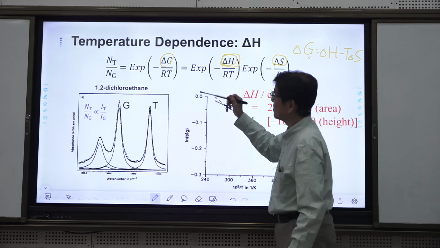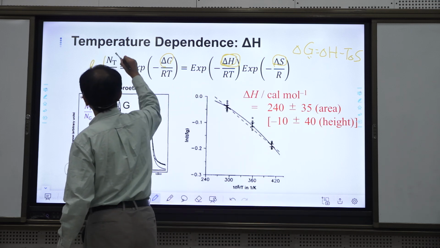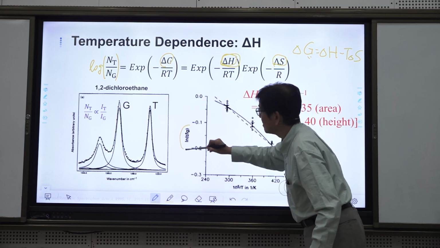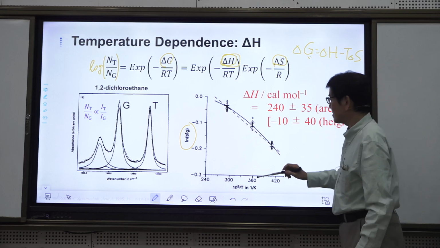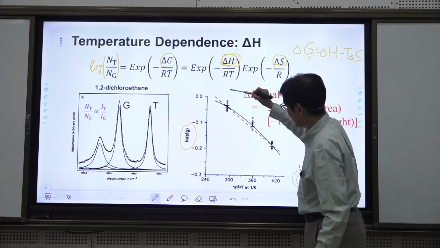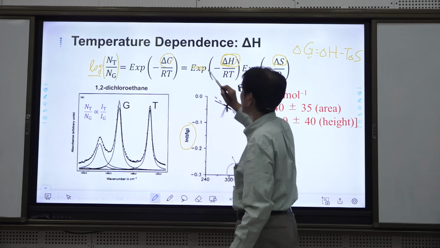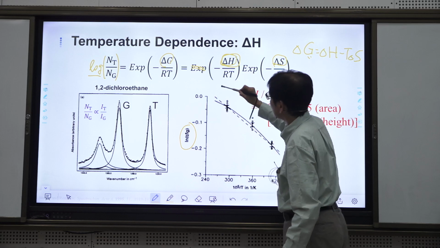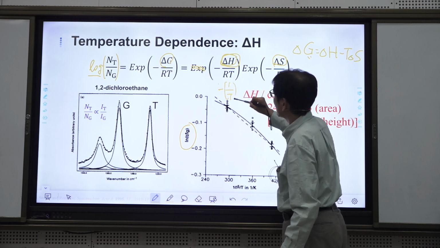So by plotting the logarithm of Nt over Ng against... when we introduce log, then this disappears. So it's a function of minus T inverse.